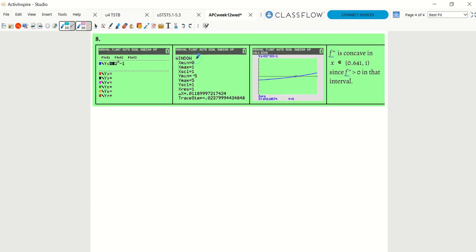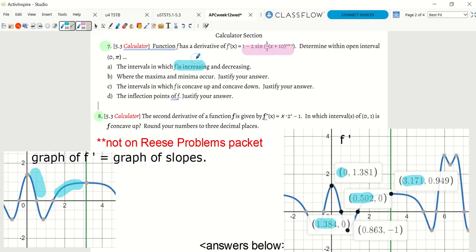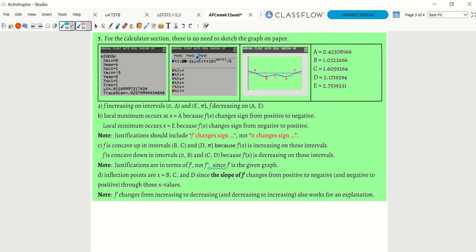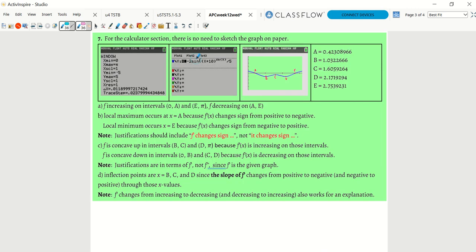Okay, there might be a mistake on this one over here. 2.75.